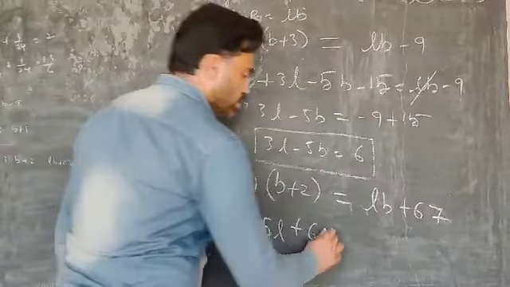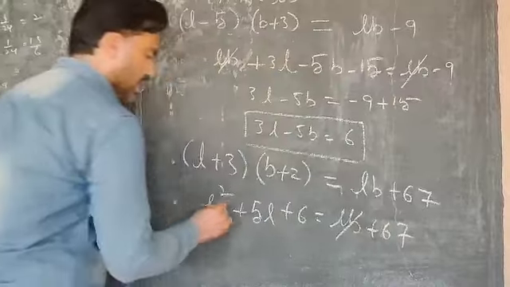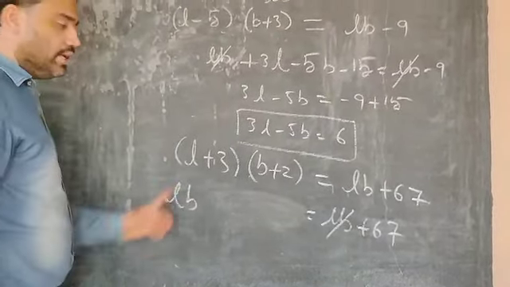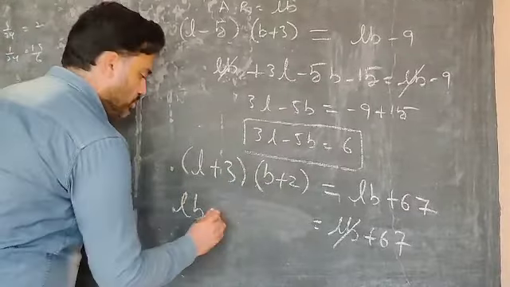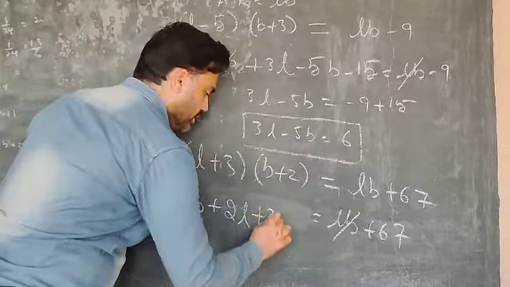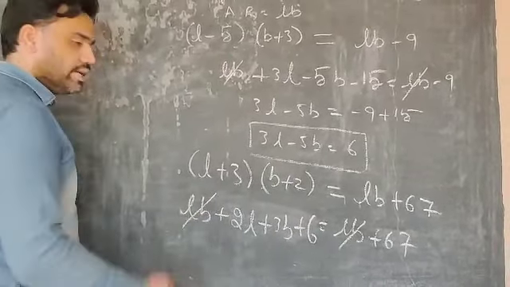Okay. Now what you have to do? LB plus 67. LB cancels on both sides. Sorry, L into B, LB, L into 2, 2L. Next 3 into B, 3B, 3 into 2, 6. LB gets cancelled.